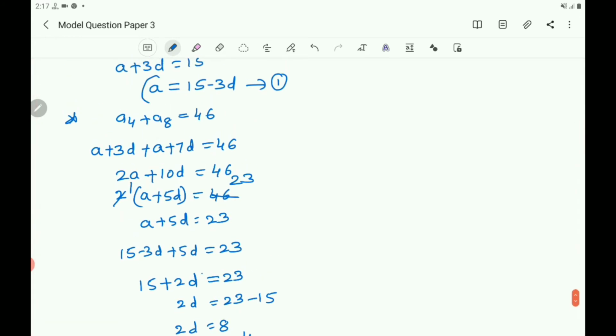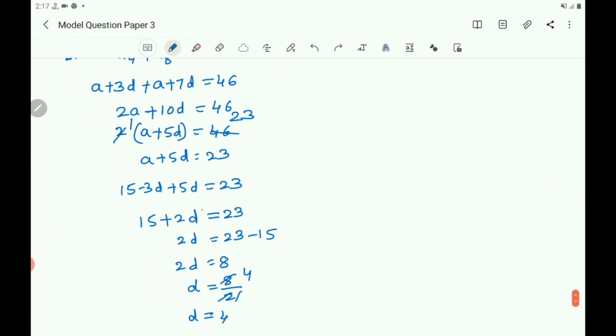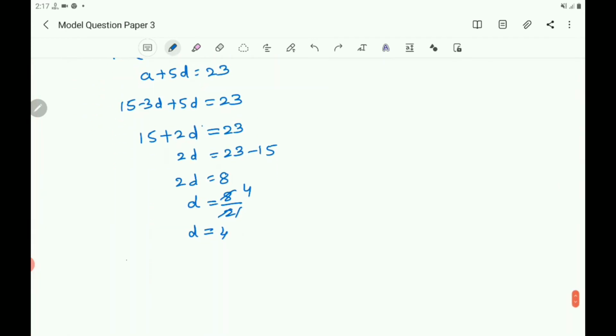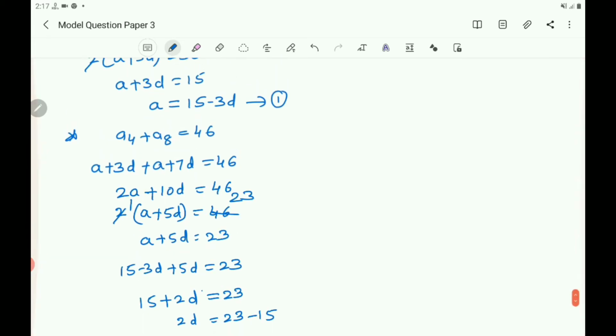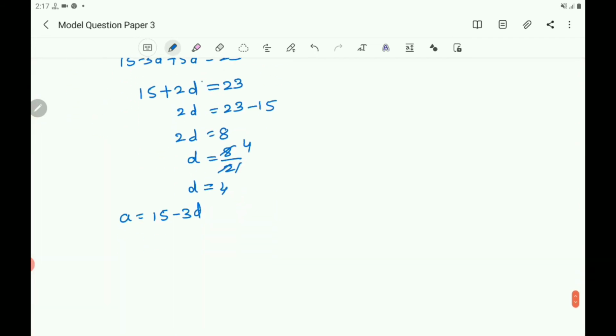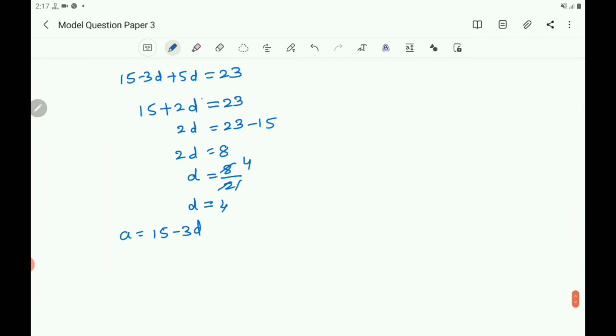And here we have to find the value of a. So take that a equals 15 minus 3d. So you write 15 minus 3 into d. d is here 4.